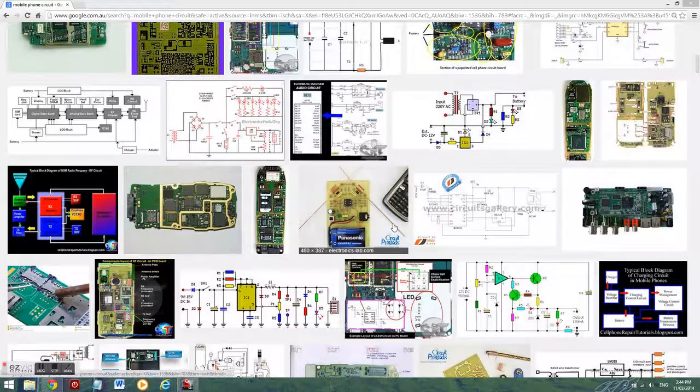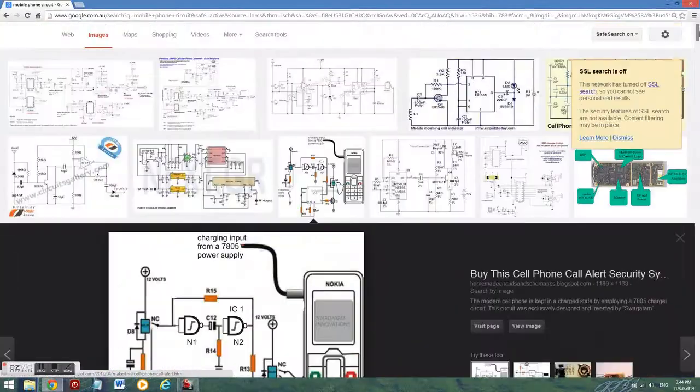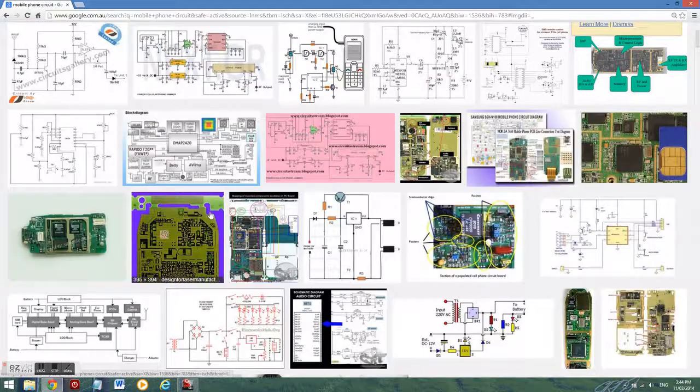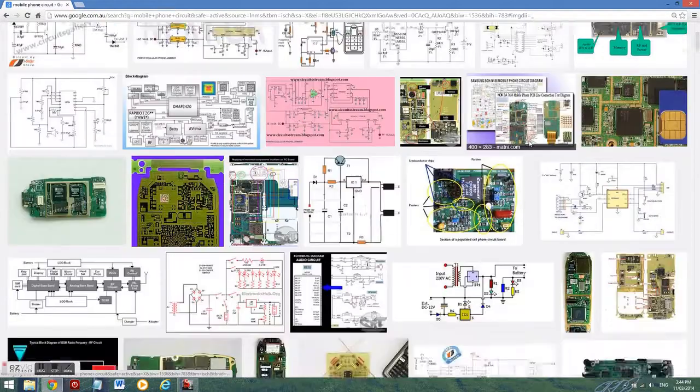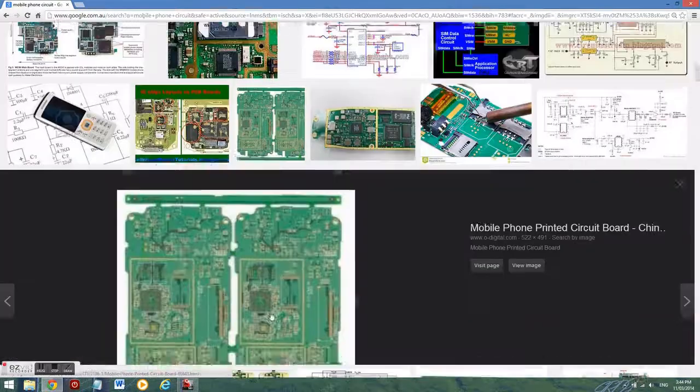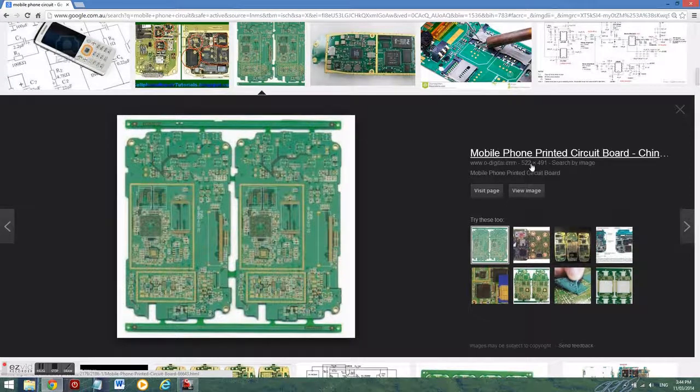Well, let's look at this picture here. Here is the circuit board of an ancient mobile phone. Now you say it's really complicated. If you look at a modern one, the circuit board of a modern mobile phone is more complicated.